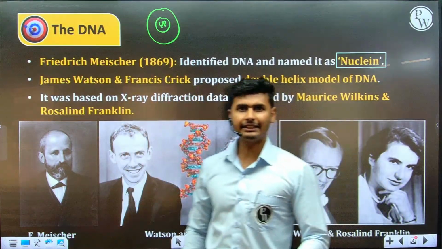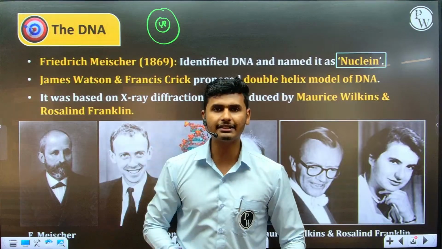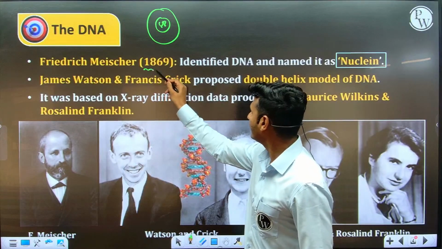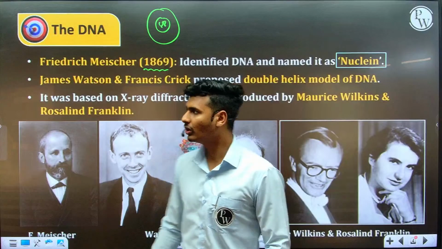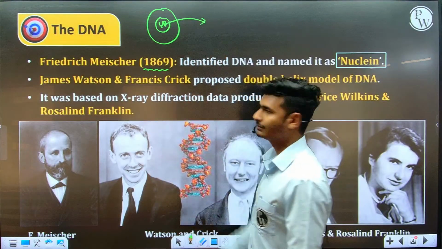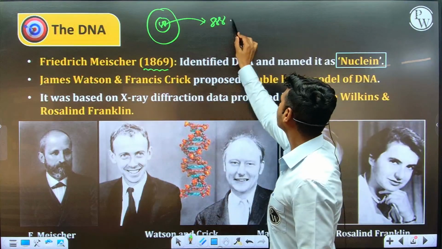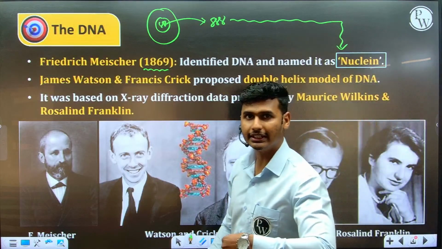In today's date, if I ask you what is the genetic material present in the nucleus, your answer may be DNA. But in 1869, no one knew about DNA. So he isolated one substance from the nucleus. This substance which is isolated from the nucleus is given the name nuclein because it is isolated from the nucleus.